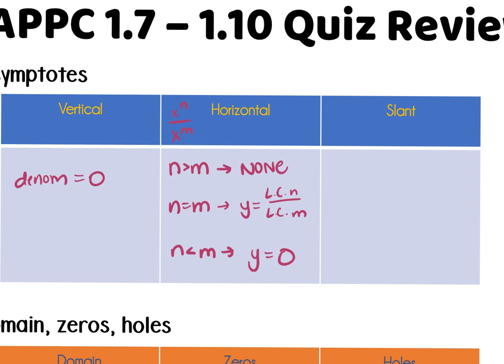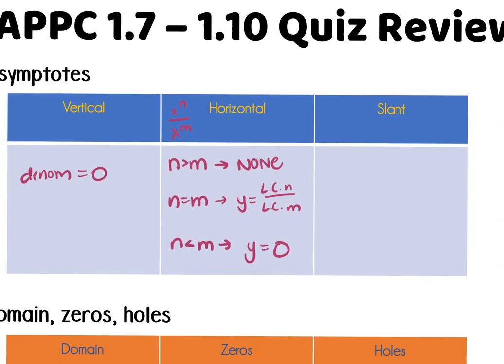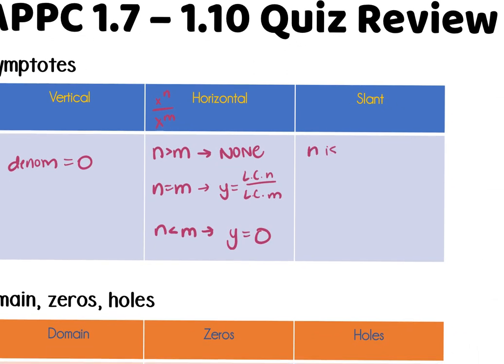How do you know there's slant asymptotes? n is 1 and only 1 more than m. And how do you find slant? Divide. You can either do long division or synthetic depending on what's in the bottom.